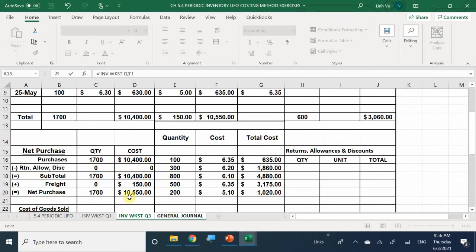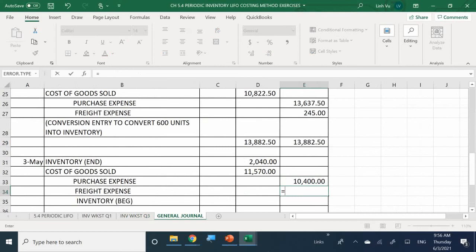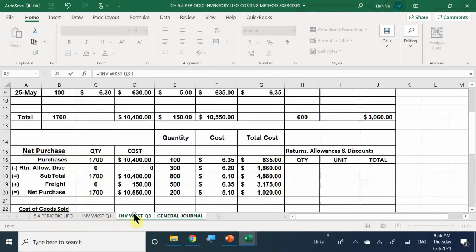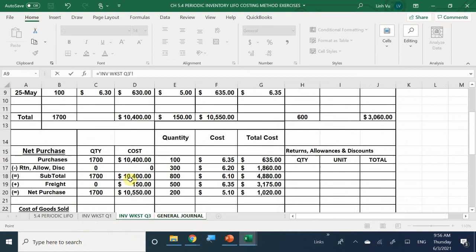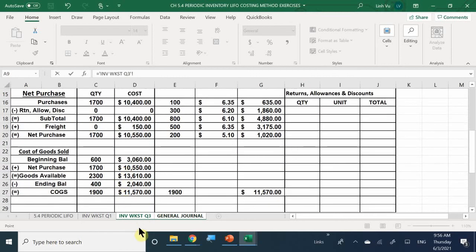That's net, so with freight, 10,400. Good. Now, what was the freight? 150. Good. And last but not least, what was the value of my beginning inventory? $3,060.